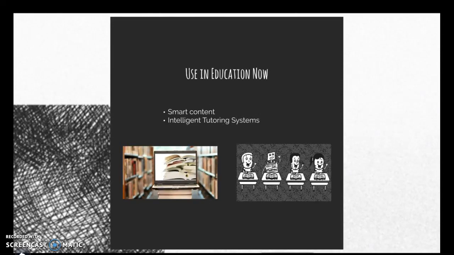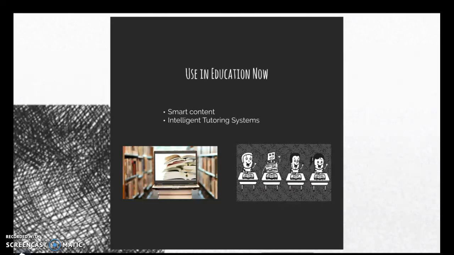So two main ways that we are using artificial intelligence in the classroom now are through smart content and intelligent tutoring systems. Smart content are usually online textbooks that allow the students to interact with the text, such as highlighting, built-in videos, or assessments at the end of the reading.